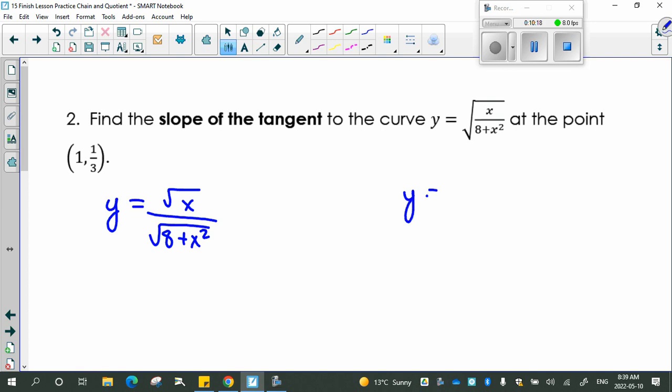Or I can do this. If I do it this way, I'm going to do quotient rule first, right? If I do it this way, I'm going to do chain rule first. You see the difference? Okay, so normally I just prefer to do the chain rule first if it's an option.